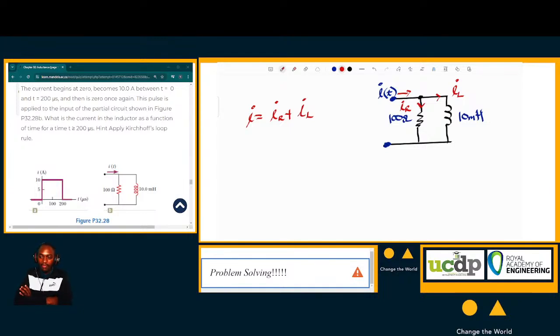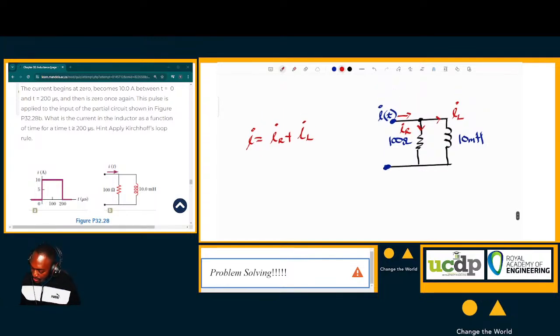But for learning purposes, in order for you to get to t greater than or equal to 200 microseconds, you need to start by understanding what is happening at t less than or equal to 0, at t greater than 0 and less than 200, and then you can go to t greater than 200. So take it in those steps and see how we arrive at t greater than or equal to 200 microseconds.